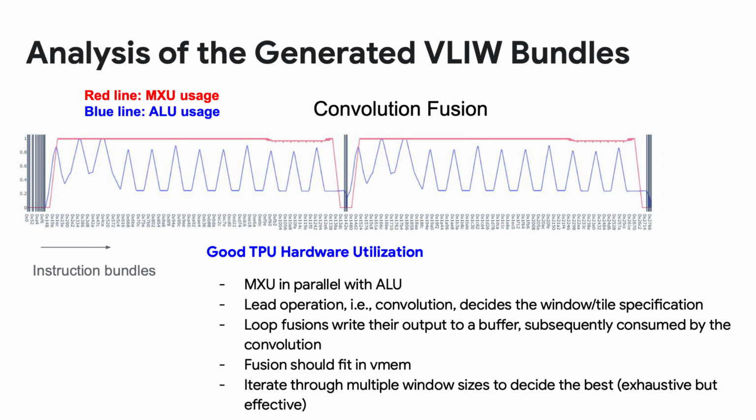Now, can anyone tell me why there is a blue line here, given this HLO op? The blue line indicates vector operations, VPU. The maximum, exactly. The dynamic slice, pad, everything is address arithmetic, so there's nothing about VPU usage for them.